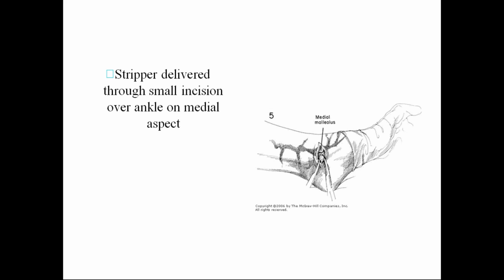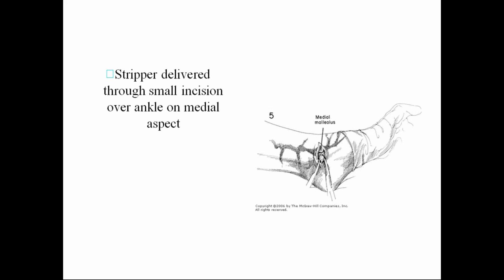What I'm saying is the older technique, where the stripper is delivered through small incisions over the ankle on the medial aspect. But nowadays we are delivering the stripper just below the knee joint. We will give an incision just below the knee joint and deliver the stripper through a small incision.